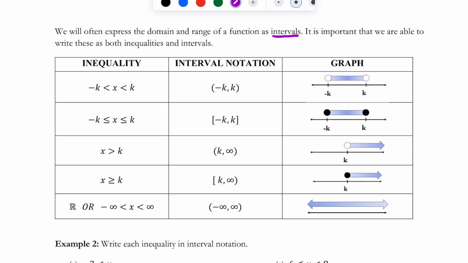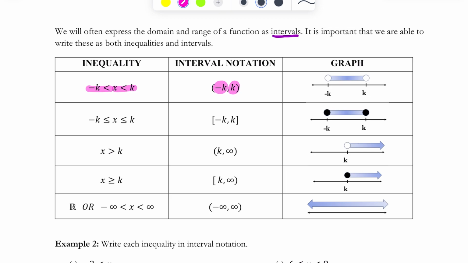And it's just like how we read, we'll always go from left to right, or in this case, most negative to most positive. So for example, if I have an inequality where this says x is greater than negative k, but also less than positive k, because we always want to read the inequality from saying x first, so x is greater than that negative k, but less than k, then that means that it is going to be starting from negative k to positive k.